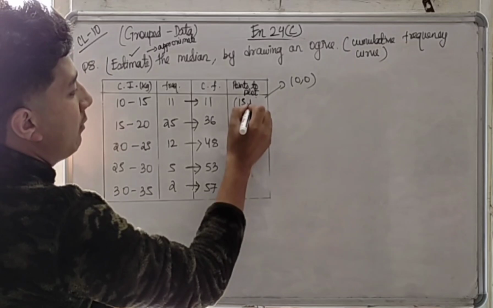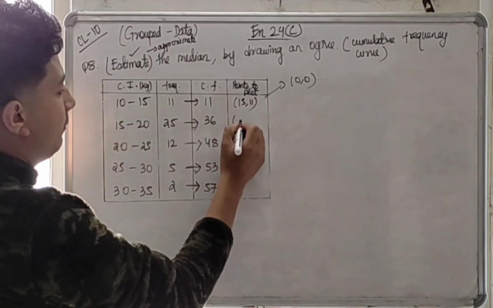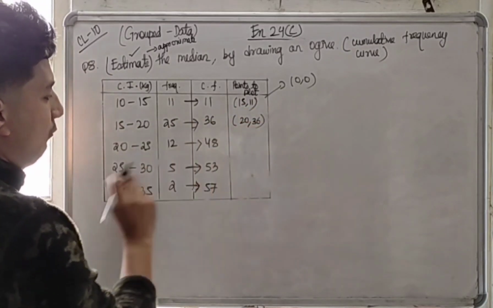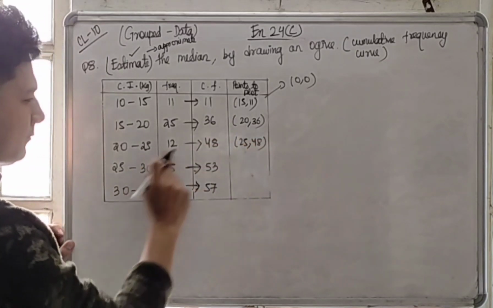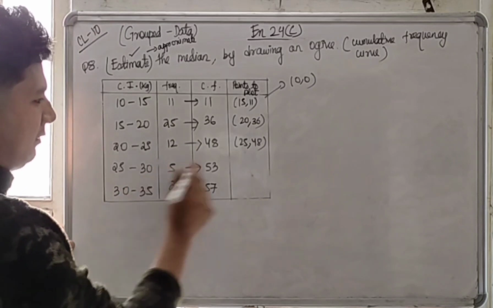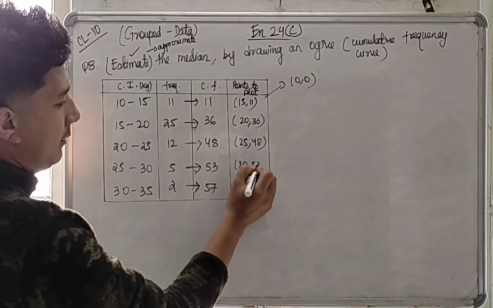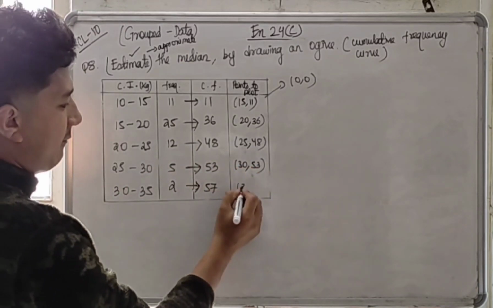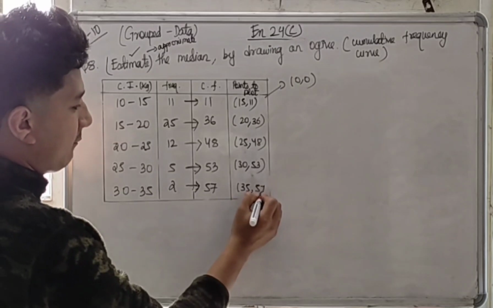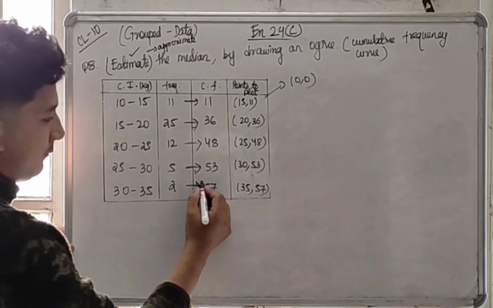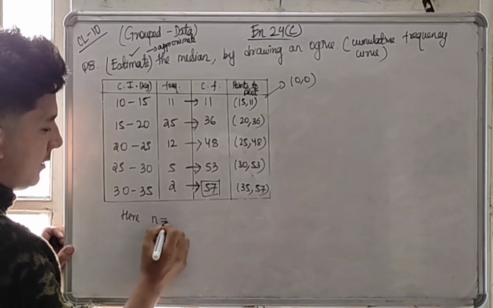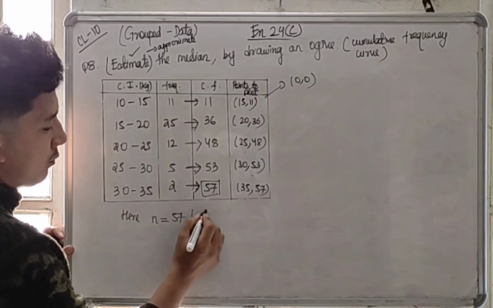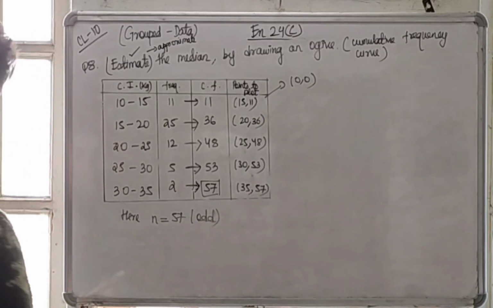The second one will be 15 comma 11, the third will be 20 comma 36, the fourth will be 25 comma 48, the next will be 30 comma 53, and then the last one will be 35 comma 57. By the way, what is the value for n? The value for n is 57. So here n equals 57, which is odd. So as n is odd, what will I do?